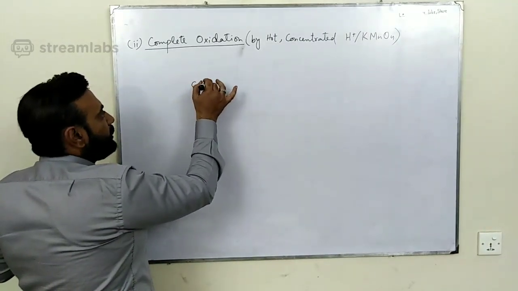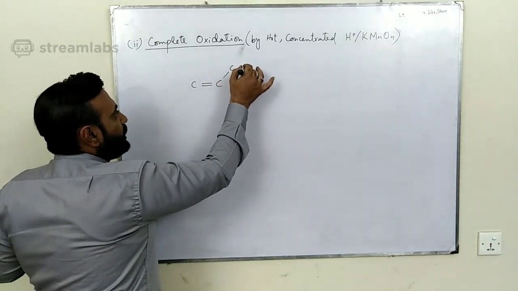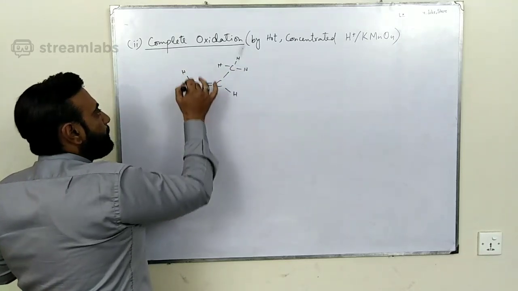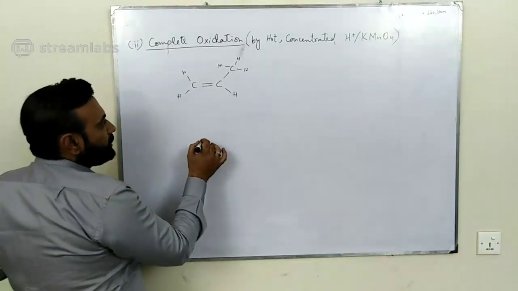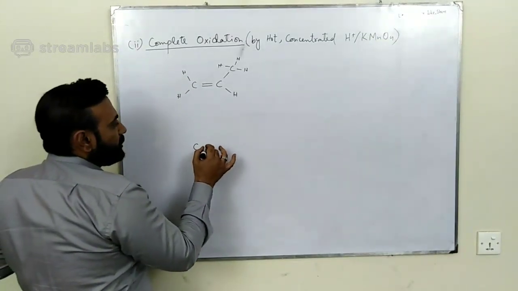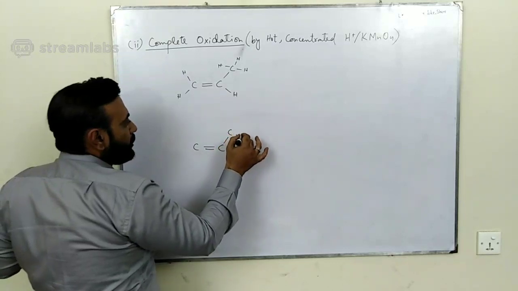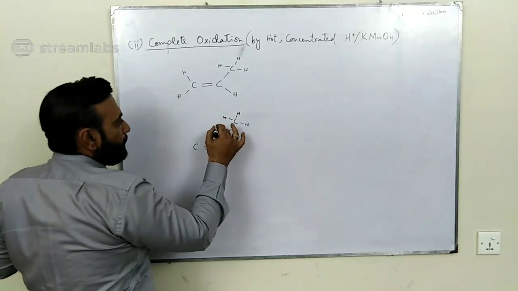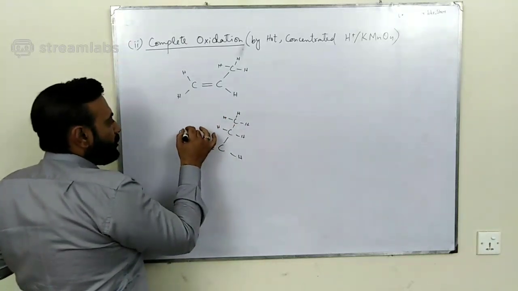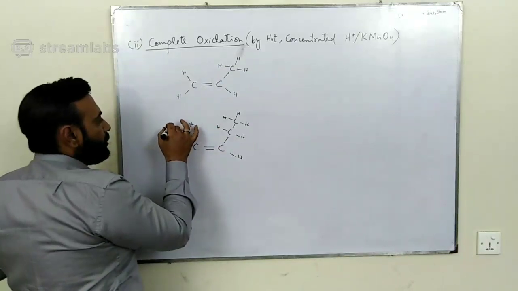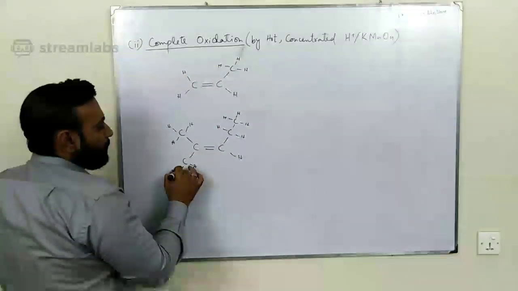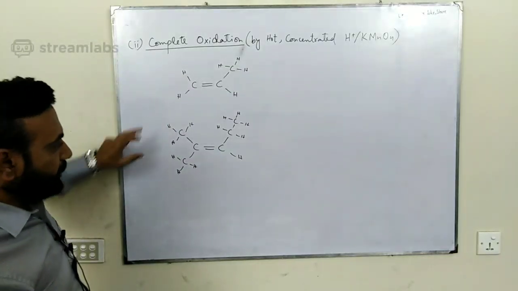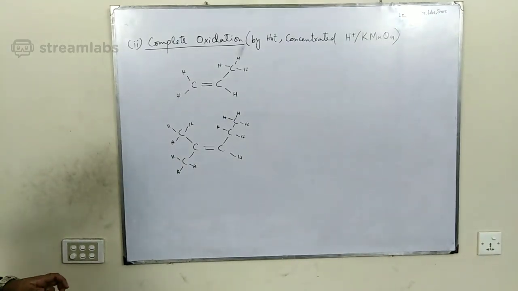Like if I am talking about propene, and in another case, this is 2-methyl pent-2-ene. Okay, now let us consider the scenario.